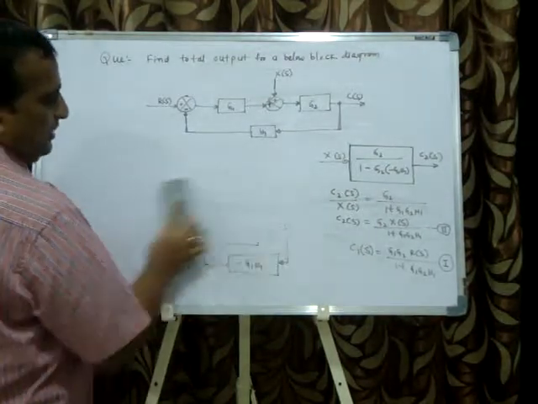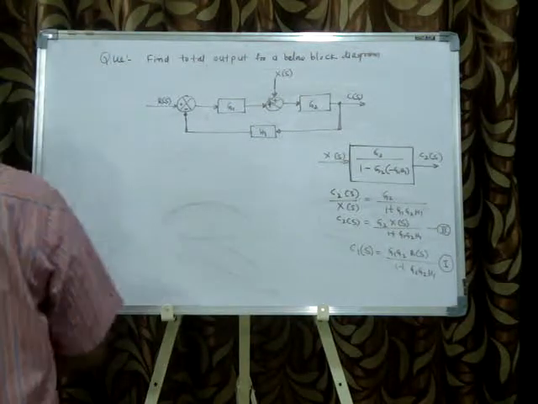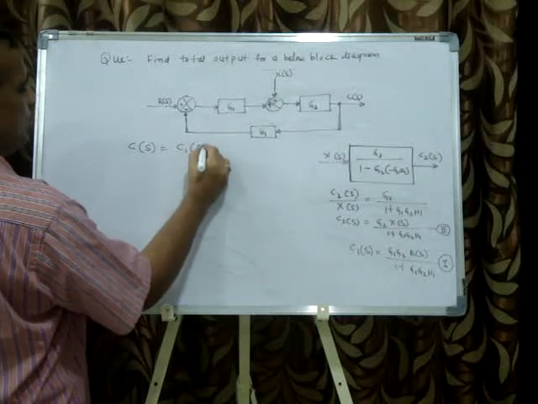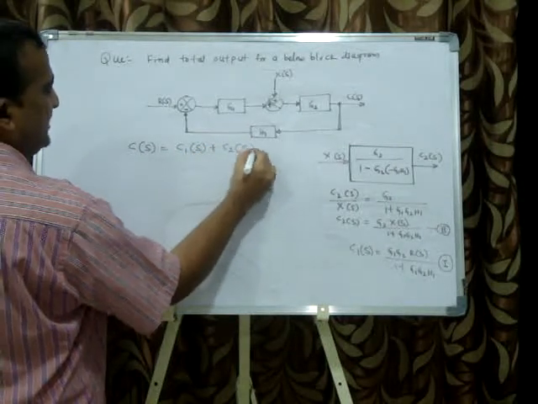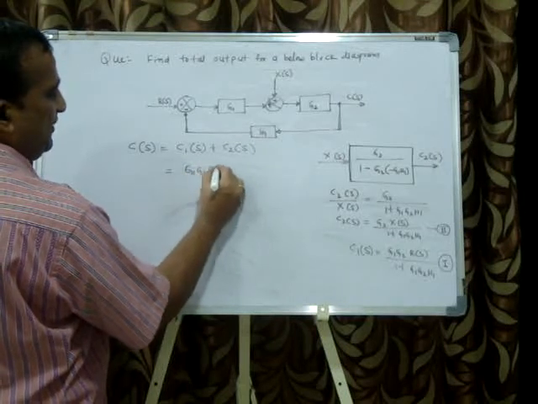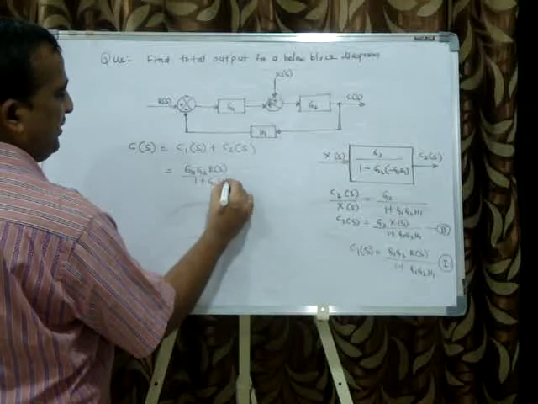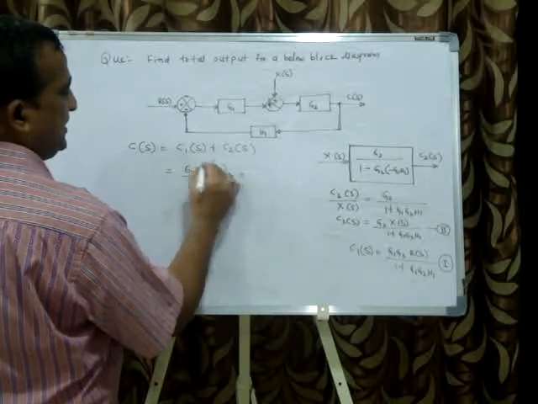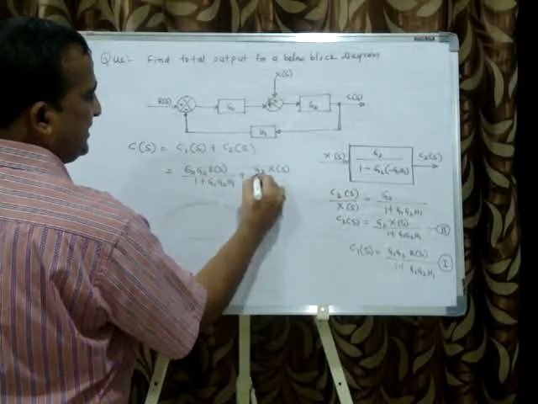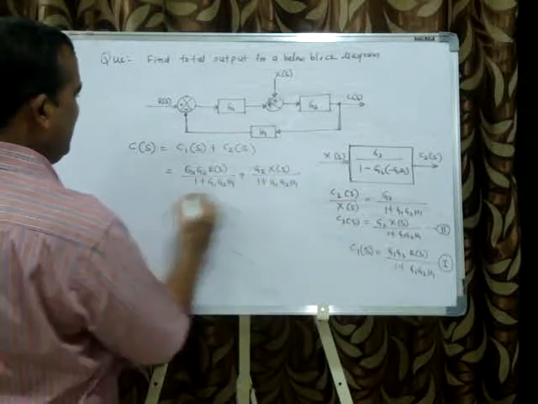So now the total output C of s equal to C1 of s plus C2 of s by the superposition theorem, that is equal to G1 G2 R of s divided by 1 plus G1 G2 H1 plus C2 of s is G2 X of s divided by 1 plus G1 G2 H1.